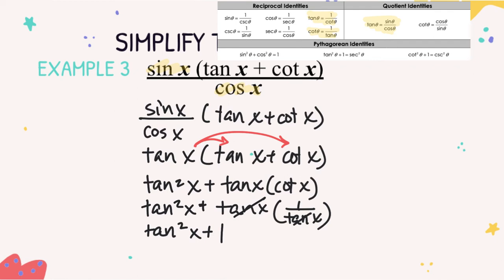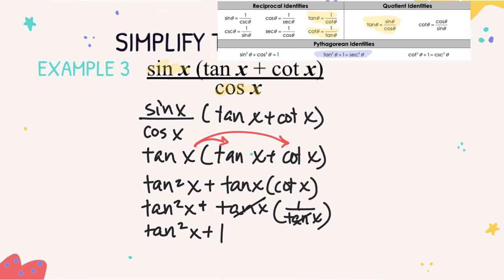Now, I've gotten this very simplified so far, but it's not quite simplified enough. I still need to simplify this into one single term. So looking up in my identities, I do notice that one of my identities, this Pythagorean identity, does have a tangent squared x.